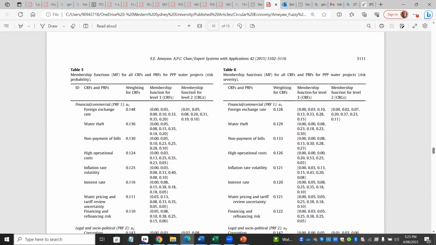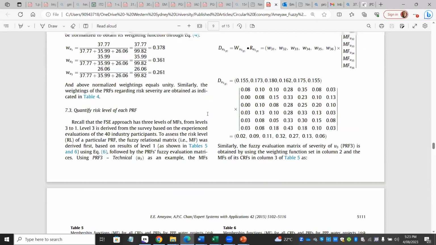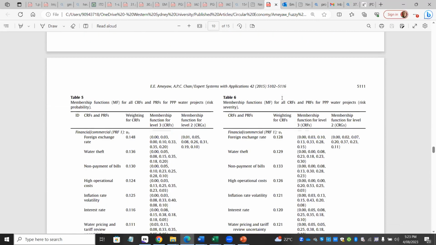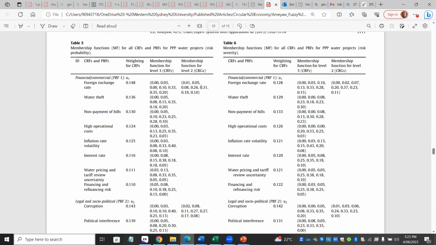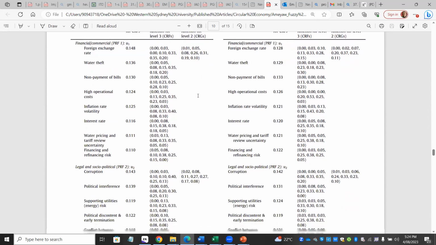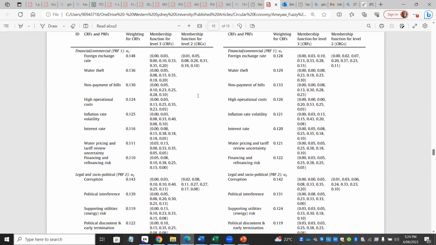So if you want to get a membership function, which is translating to level 2, which will also be helpful for the membership functions of the groupings, then what must be done is that you multiply this plus this plus this, multiply just as it has been presented here, and you get this. You end up getting one membership function for the group. Okay, so that's for group 1, group 2, group 3.